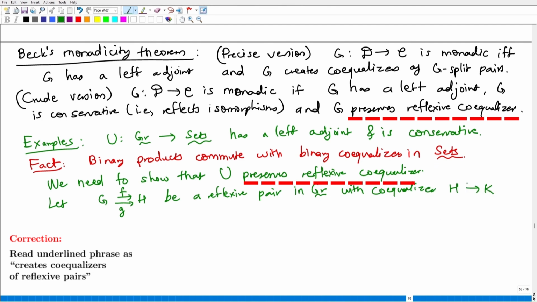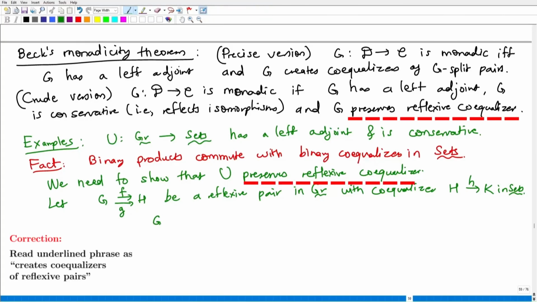Let's call it little h, in sets. Now we are given one diagram: G, then F, G, H and K. This is one coequalizer diagram. I have another copy of the same coequalizer diagram and I can take the products in individual components, and by the fact it will still remain a coequalizer diagram.